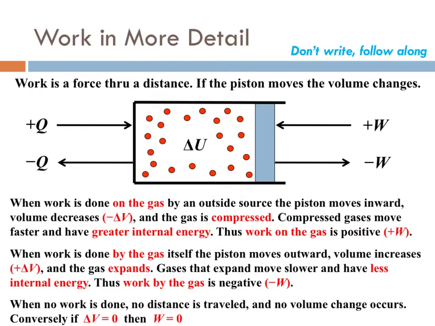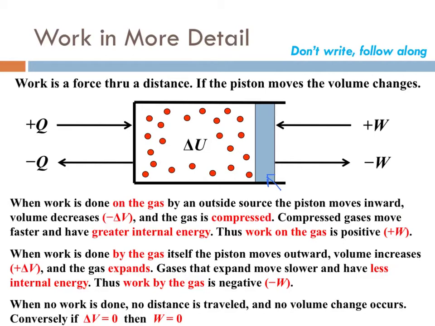Now I want you to look at this picture. This blue block right here is going to represent a movable piston. What that means is this blue bar can move back and forth, meaning that we can change the volume of this container. So let's say that a force comes in and presses down on this blue bar, therefore decreasing the volume.